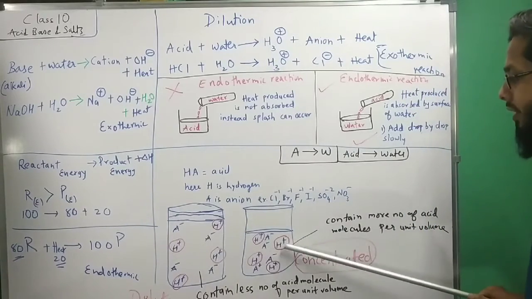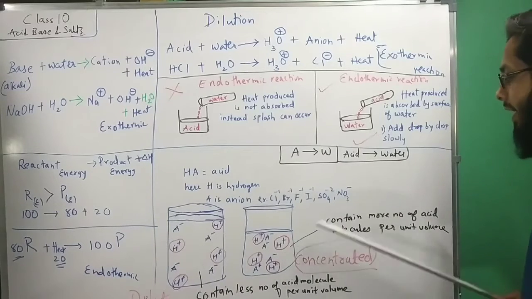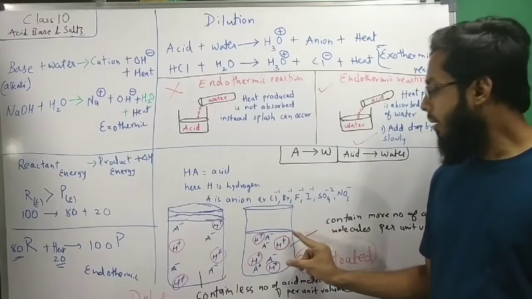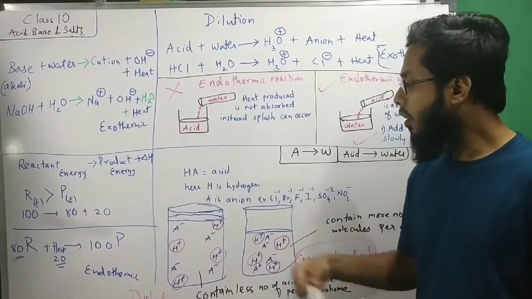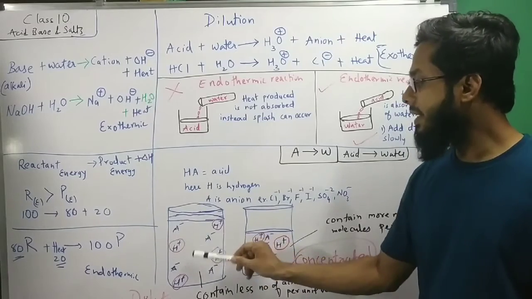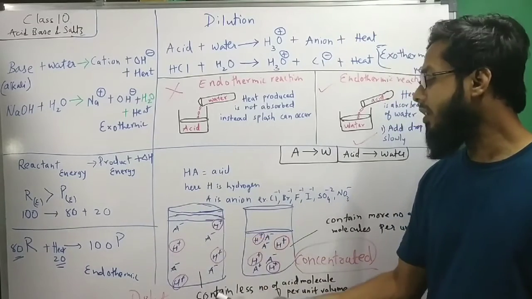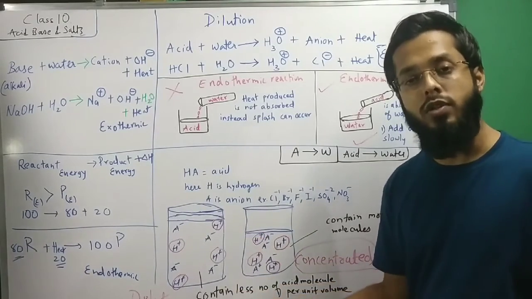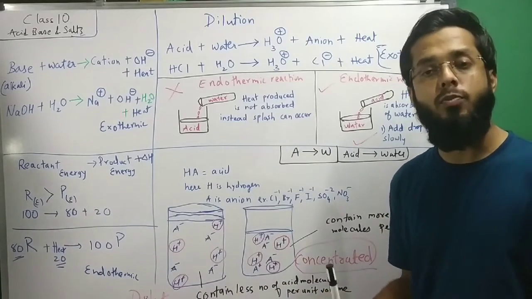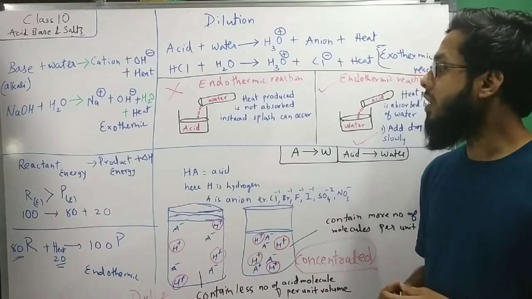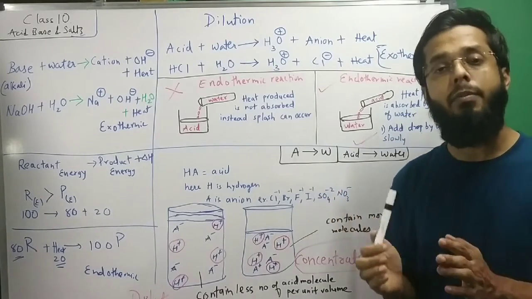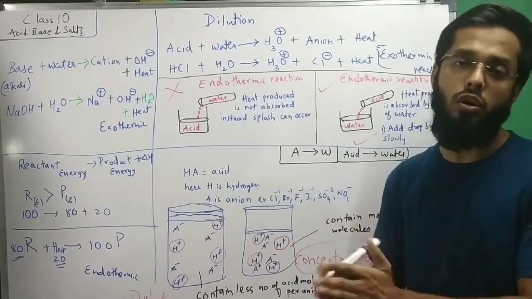So this concentrated acid contains more acid molecules per unit volume. There are more H plus in less space here, and comparatively fewer H plus in a larger volume here. So we can say this diluted acid has fewer acid molecules per unit volume, and this one has more acid molecules per unit volume. So this was about dilution. And we must remember that we have to add acid to water. That's it.